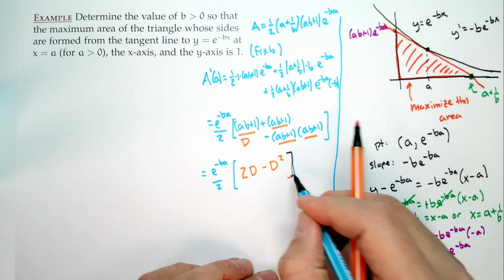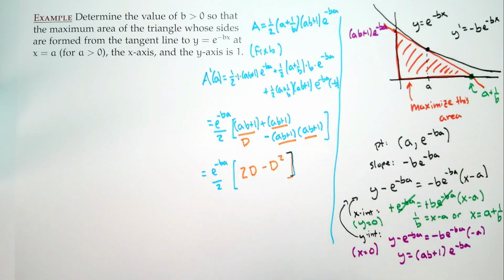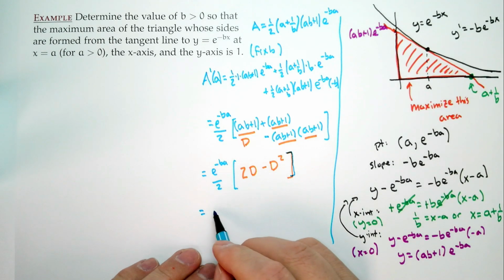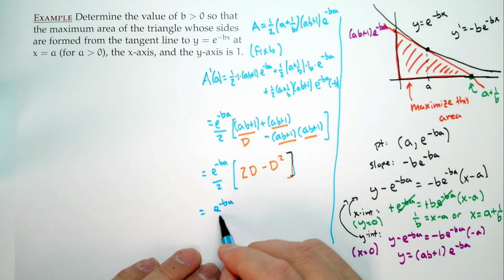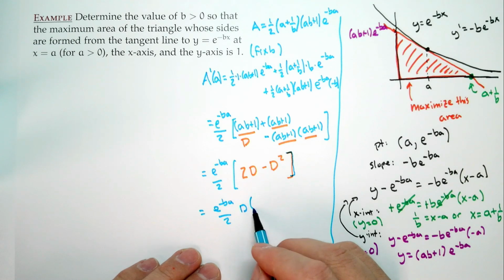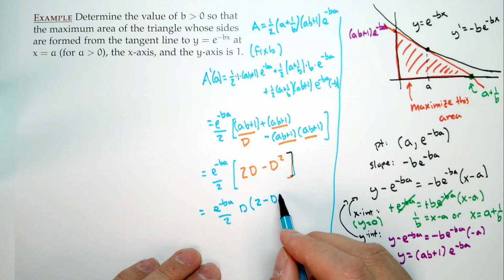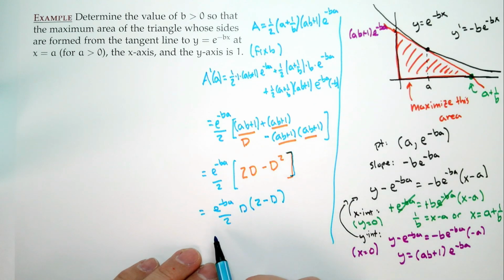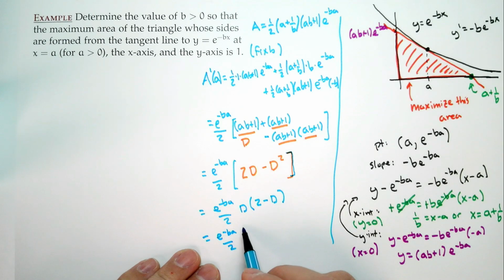So if we did that, what would we end up with? Well, we would end up with e to the minus ba over 2. And now I can pull out a D, and then what will be left will be 2 minus D. So that's e to the minus ba over 2, and remember, that's ab plus 1.